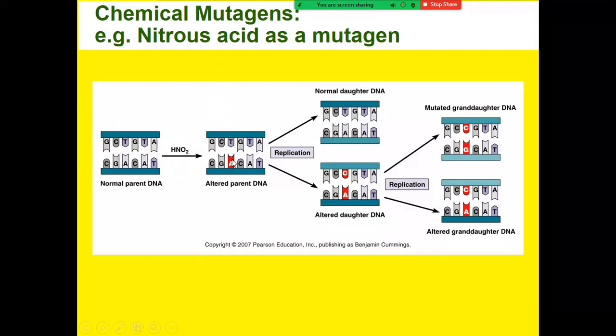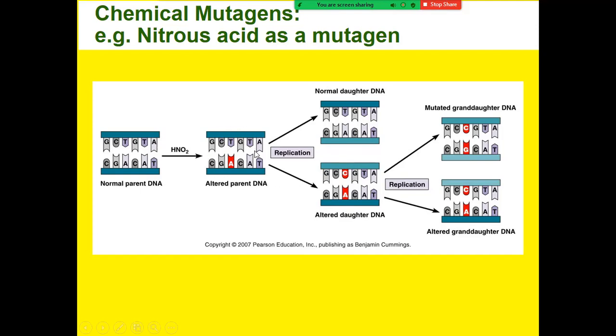And now this A does not act like an A. And when the DNA polymerase tries to read it, it won't read it as an A, it'll actually read it as a G. And so it will put on, instead of a T here on the newly replicated DNA, a C. And then when that happens, this newly replicated DNA cannot be corrected by DNA repair, and the mutation becomes fixed.